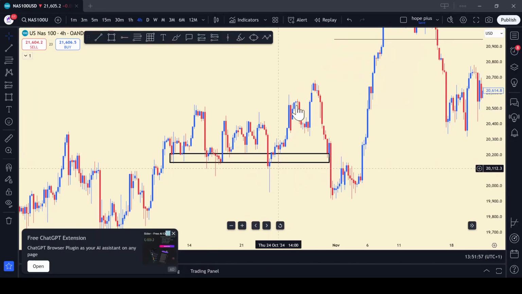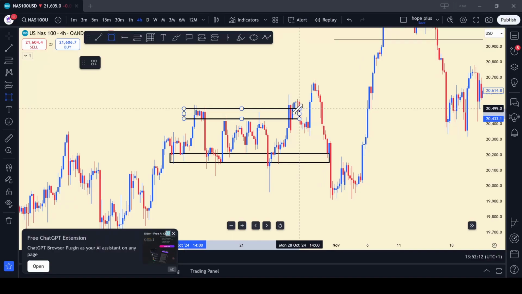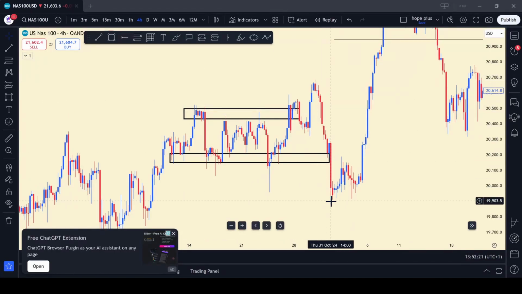You are creating liquidity, where market might come back, take it, and then push higher. Same thing with this area. If you mark here, for example, as an area of resistance, as long as you are touching it so many times, it becomes liquidity. Market takes it and then moves. On the downside, on the support side, market takes it and then pushes.